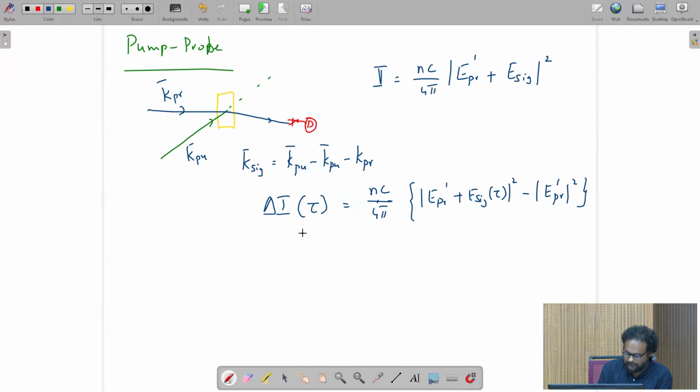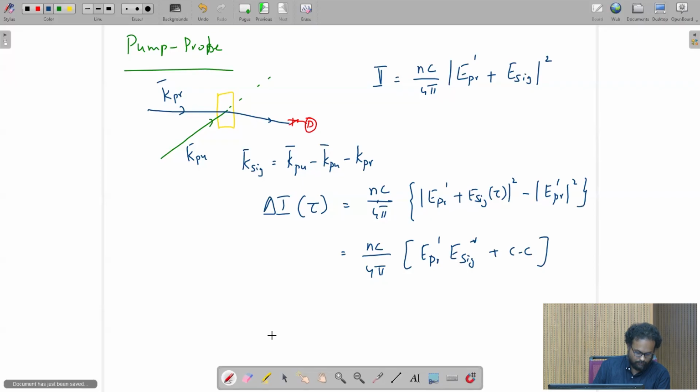Under that approximation, you can write this out as n_c over 4π, E_pr prime E signal plus complex conjugate, where my E signal of tau is of course related to your third order polarization.